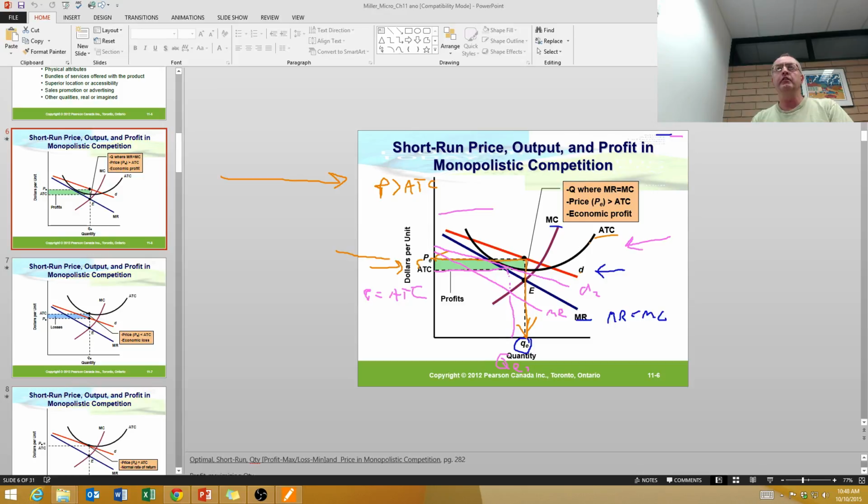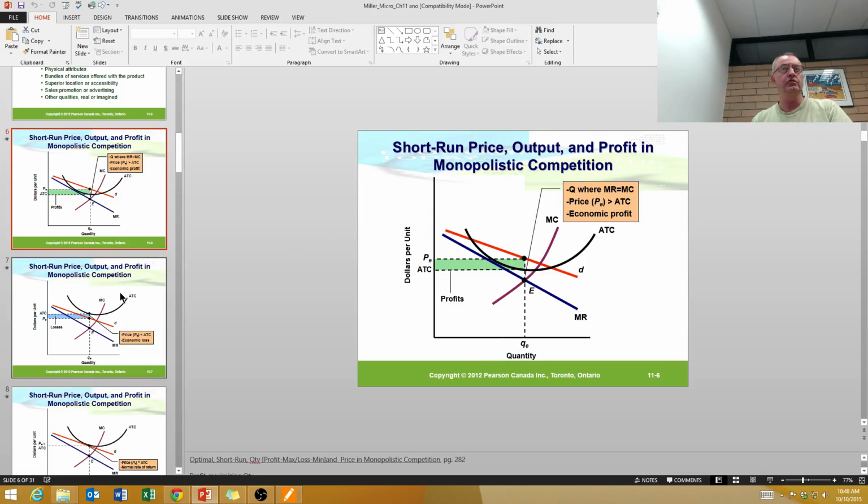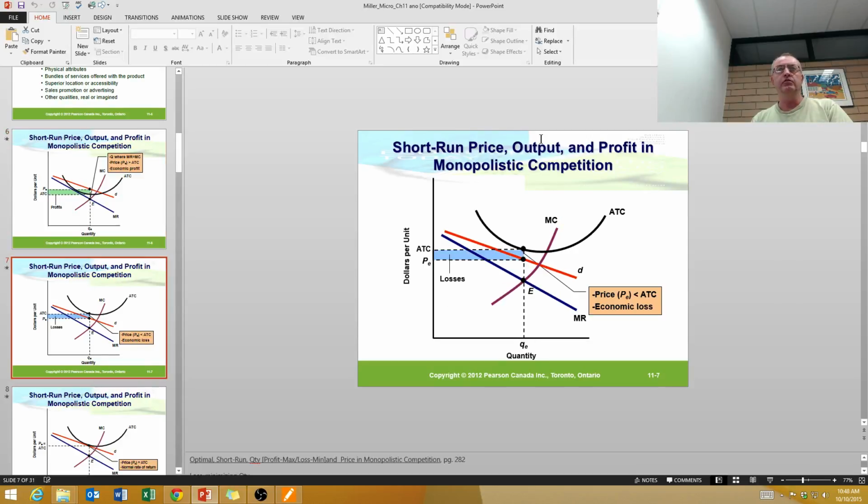Okay, and then the same sort of reaction in the industry occurs if the industry suffers economic losses. Okay, so here's an example of economic losses. Let's go for orange. So here our optimal level of output is at the point where marginal revenue equals marginal cost.